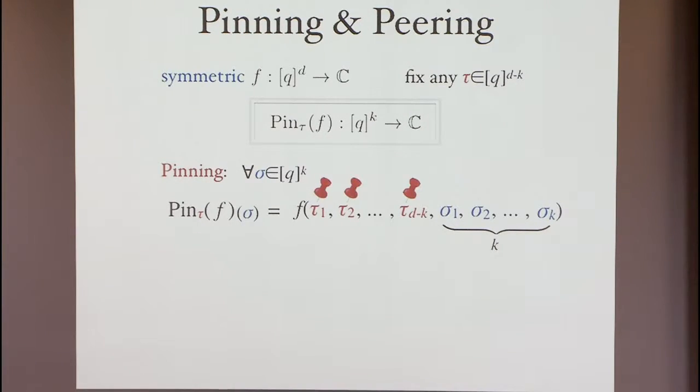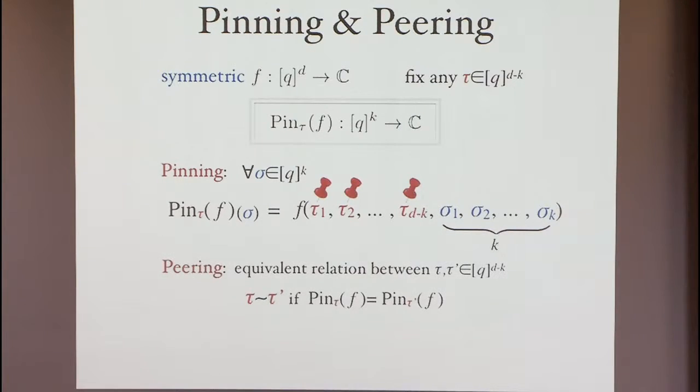So there are many ways to pin this function. It's possible that many partial assignments produce the same k-ary function. Think about this function being a parity function. For any fixed k, it only gives us two functions, depending on the parity of the partial assignment. So that defines a natural equivalence class between partial inputs. I call it peeling.